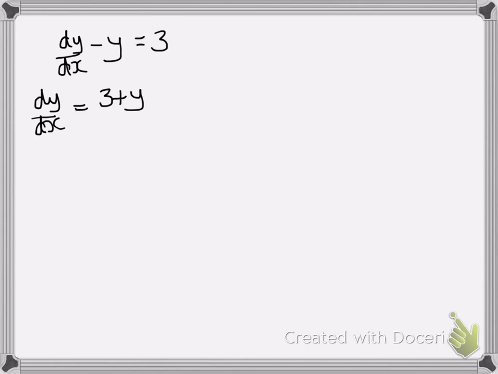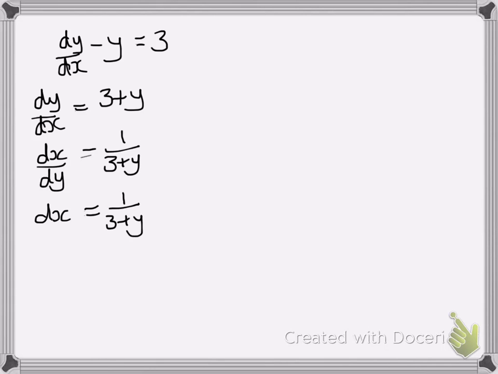And because we then change this over, invert it if you like, to give us dx by dy equal to 1 over 3 plus y. And we can now rearrange to give us dx equal to 1 over 3 plus y dy.